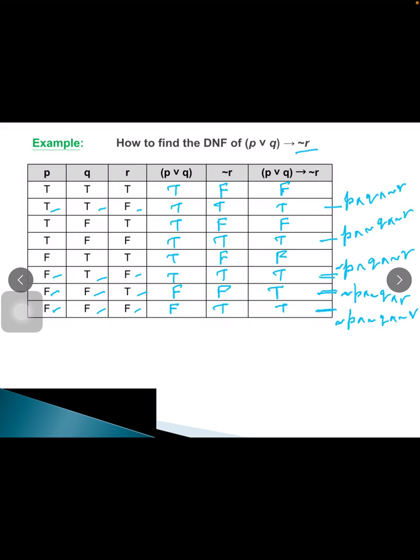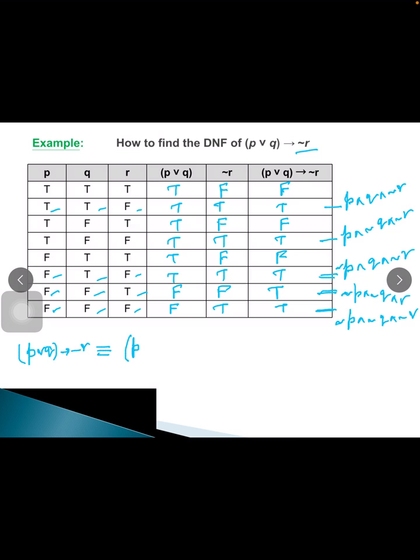So what is the DNF? According to this, the DNF of the expression P or Q implies negation of R is equivalent to joining these 5 min terms by the disjunction connective. When we join them by the disjunctive connective, this is called the DNF.